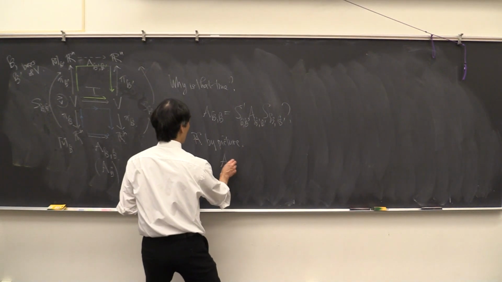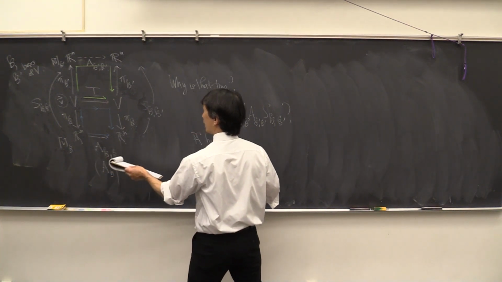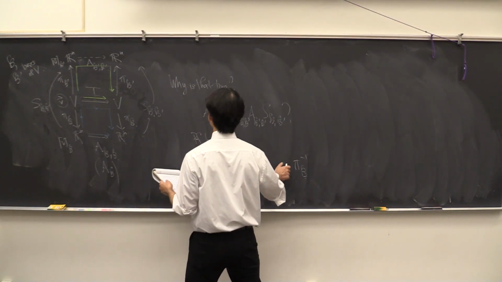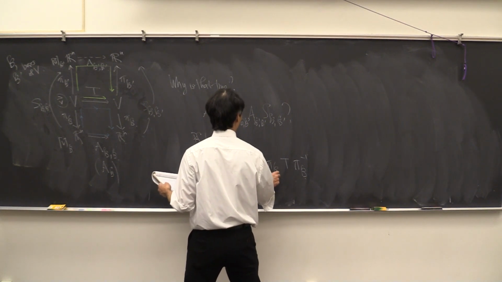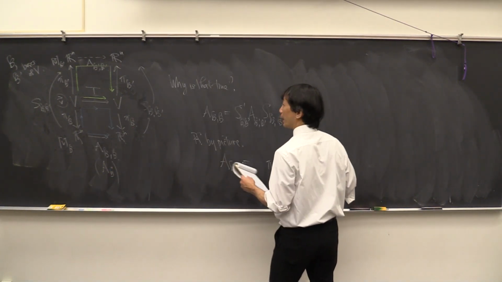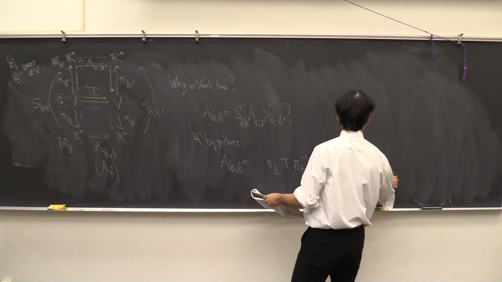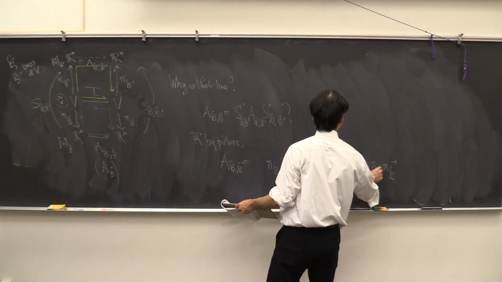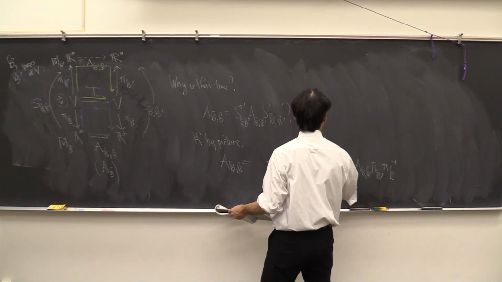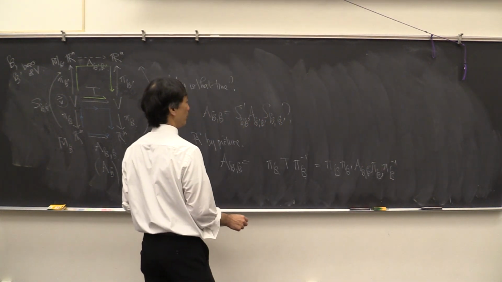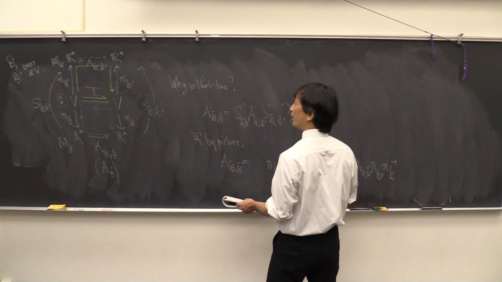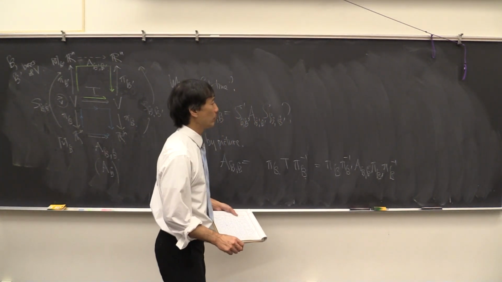A_BB is the same thing as pi sub B inverse followed by T and then followed by pi sub B. But T is the same thing as pi sub B' followed by A_B'B' followed by pi sub B' inverse.